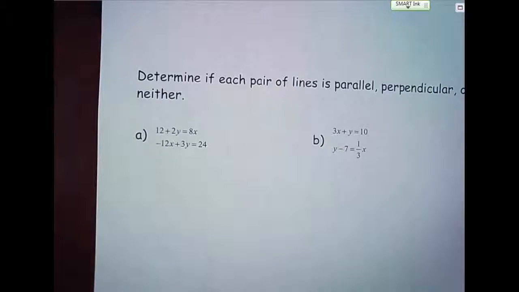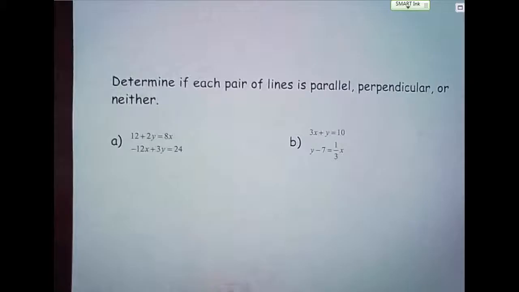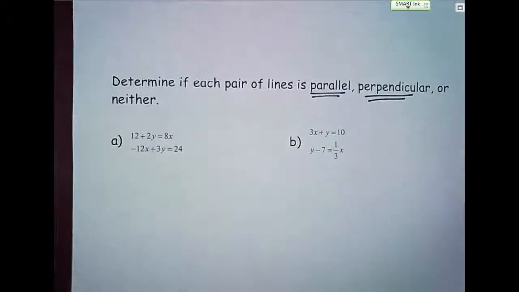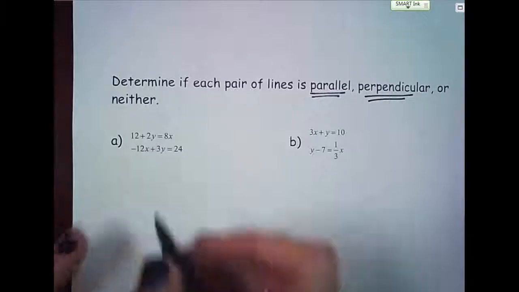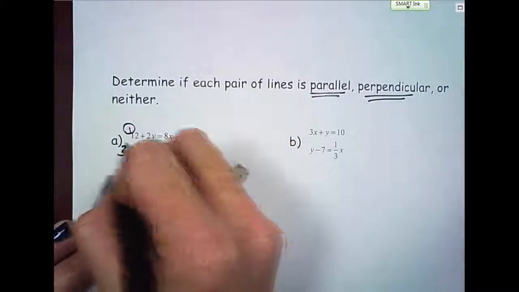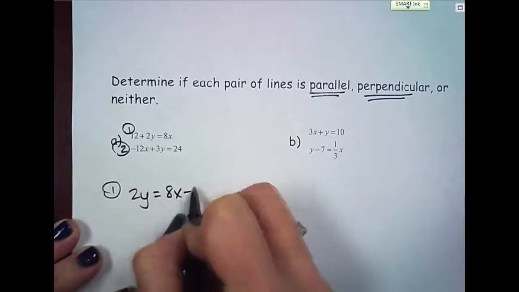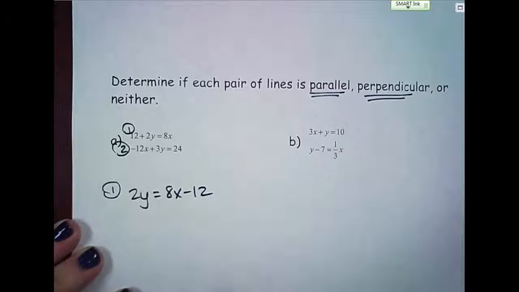Determine if each pair of lines is parallel, perpendicular, or neither. Parallel, what do we know about parallel lines? Same slope. Perpendicular, opposite reciprocal. How do we decide if there's a parallel without graphing? What do we do? Excellent. Yeah, just put in y equals. Right? So I'm going to label this line 1 and line 2. For line 1, we're going to say 2y equals 8x minus 12. I just moved the 12 over.